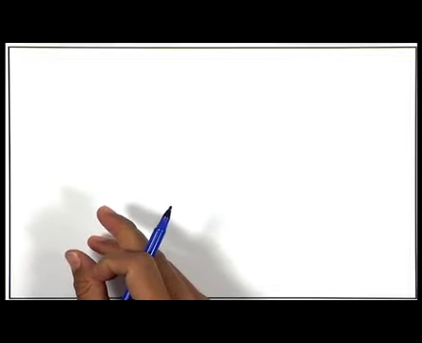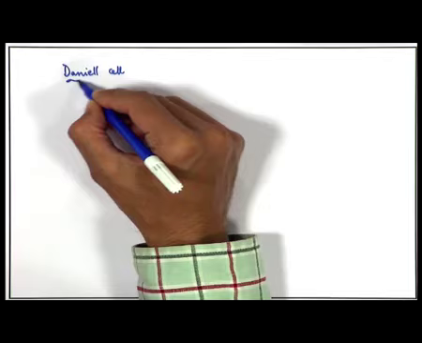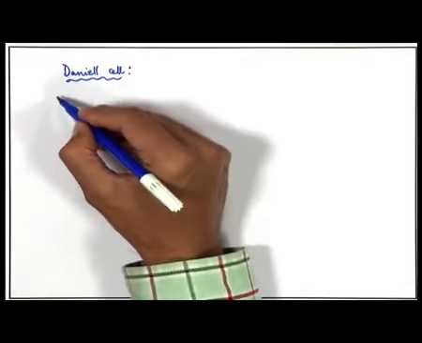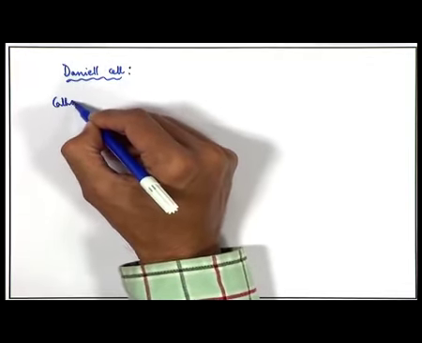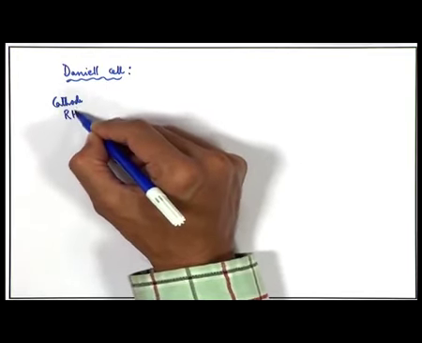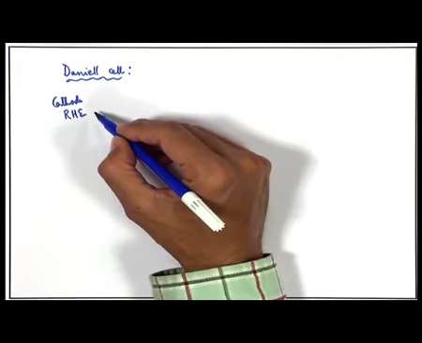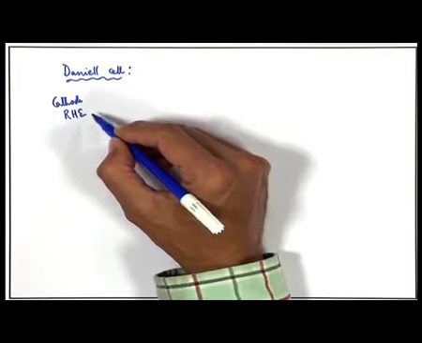Now for a Daniell cell, we started with the Daniell cell. So, for the Daniell cell, cathode means the right hand electrode, where the reduction is taking place.